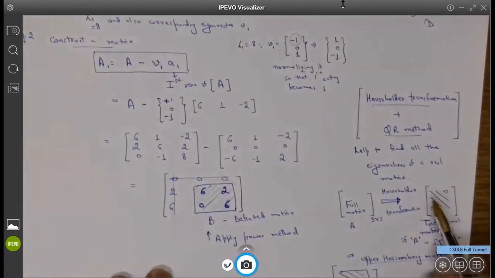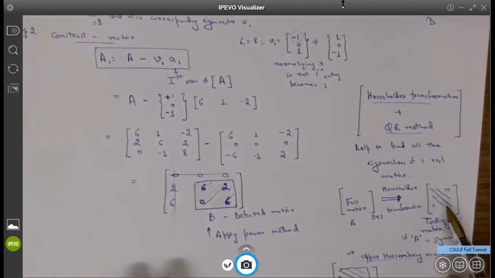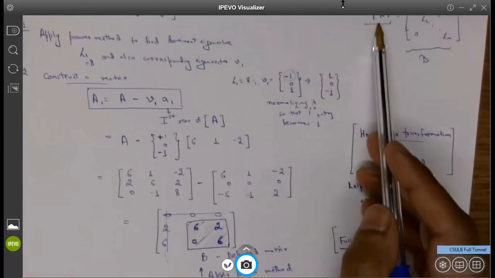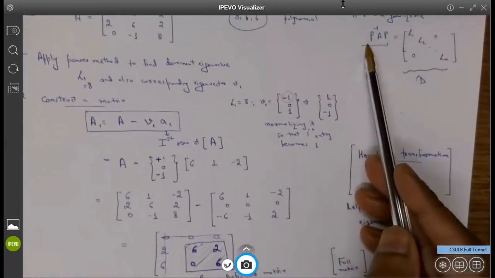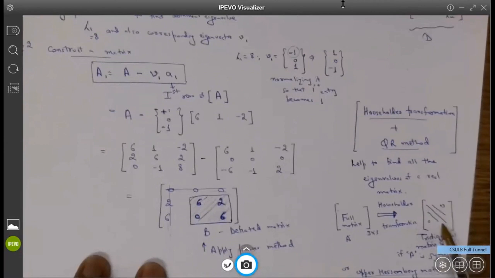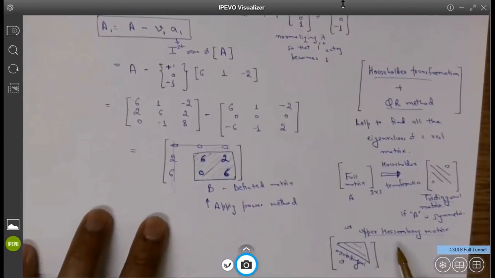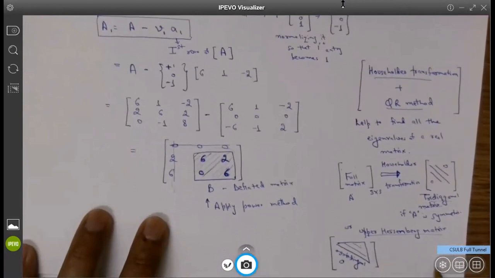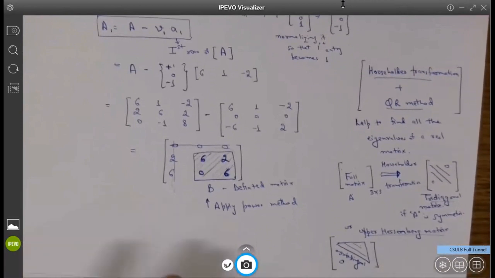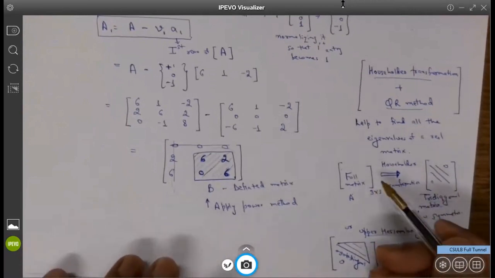Let's call it Q, so Q inverse AQ. When it multiplies in this form, all the eigenvalues will lie on the diagonal. That basically helps to find the eigenvalues for any full rank matrix.